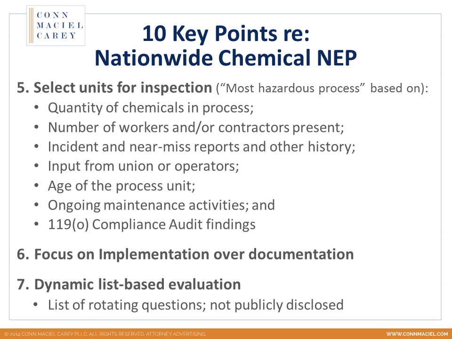Some other key elements of the nationwide chemical NEP is that OSHA is selecting the units for inspection based on an analysis that they've described in the directive for the program. And the analysis is to identify the most hazardous processes at each of these facilities. They make that determination based on quantity of chemicals in the process, the numbers of workers or contractors who are present in those units, incident near-miss reports and other history.